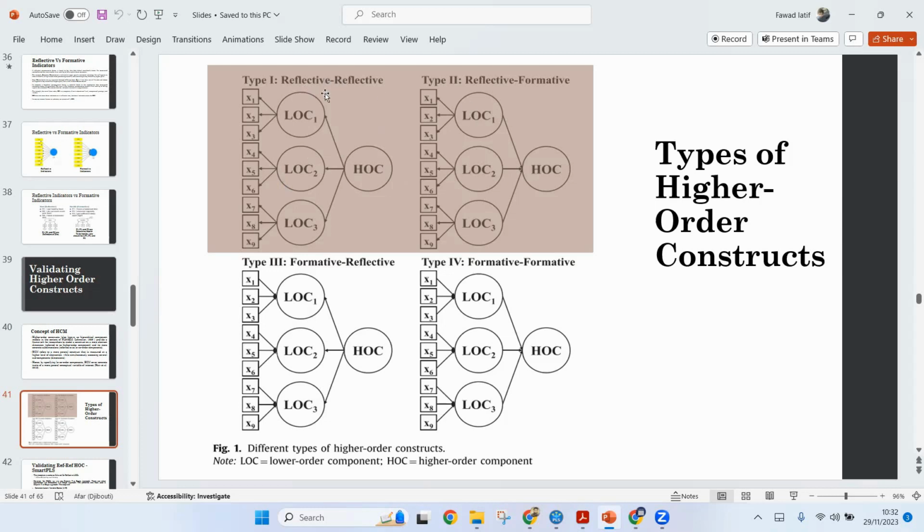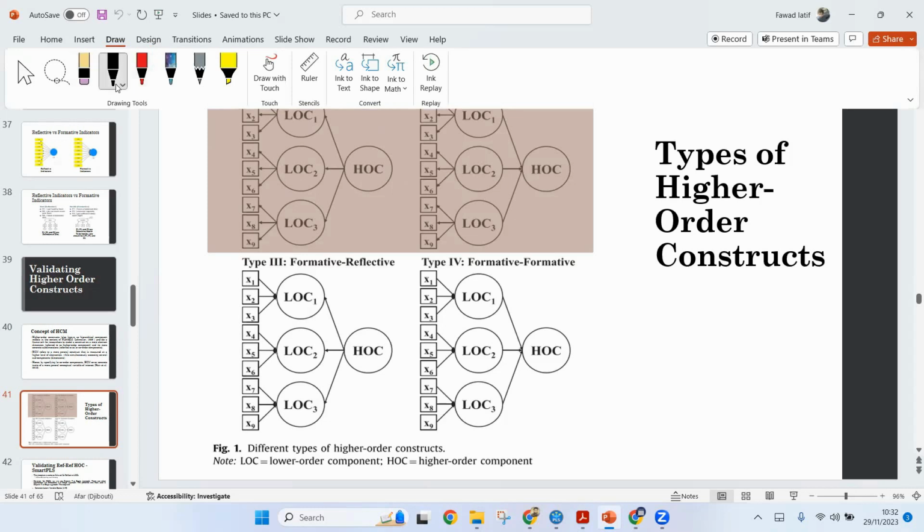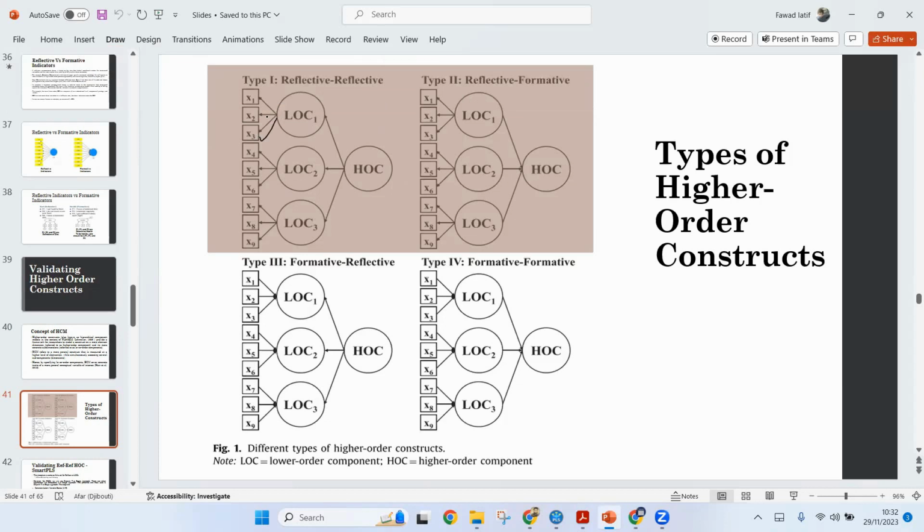Now, what do we mean by reflective? At lower order, this is reflective. Why? Because if you look at the arrows, they are pointing towards these boxes. So it is reflective at the lower level here.